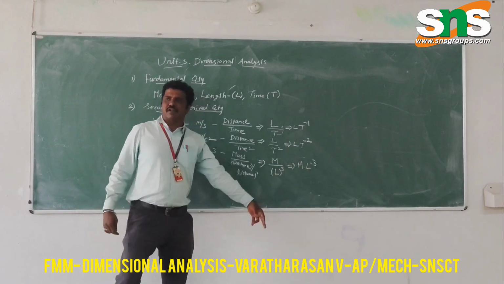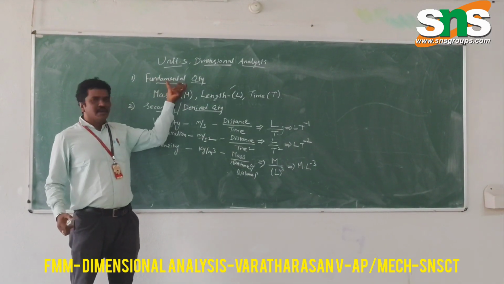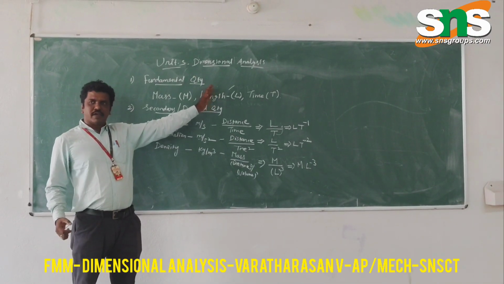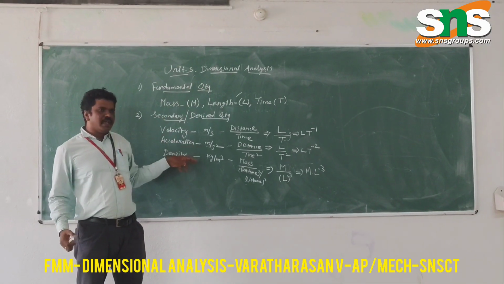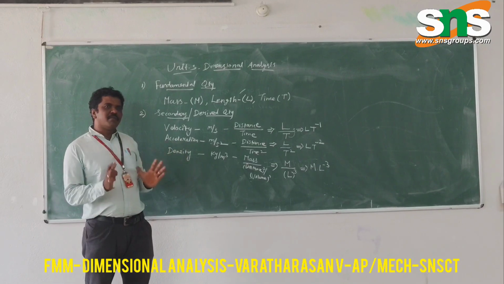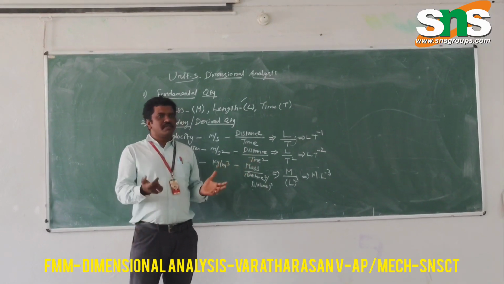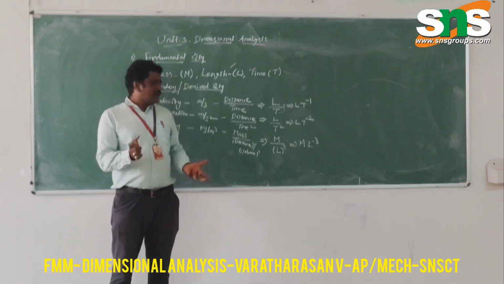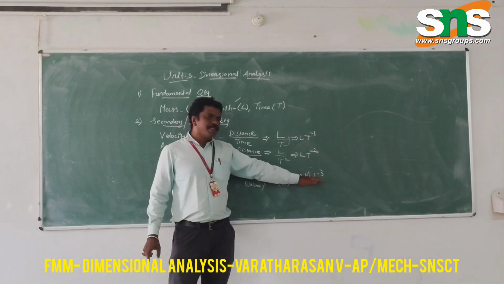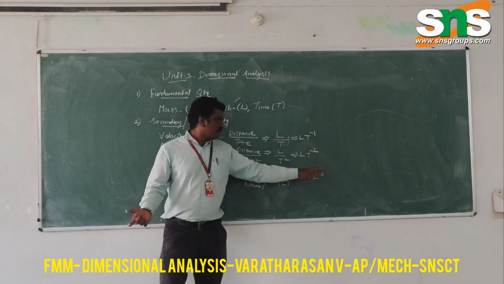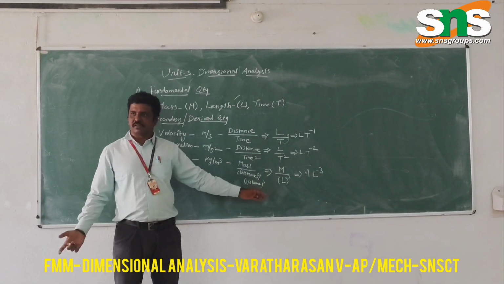L is the short form for length, within these three fundamental quantities. How it can be related to the derived quantity is a very important thing. Then only we can proceed further. Whatever equation we get, in that equation we just want to transfer to the dimensional quantity by using these process steps.